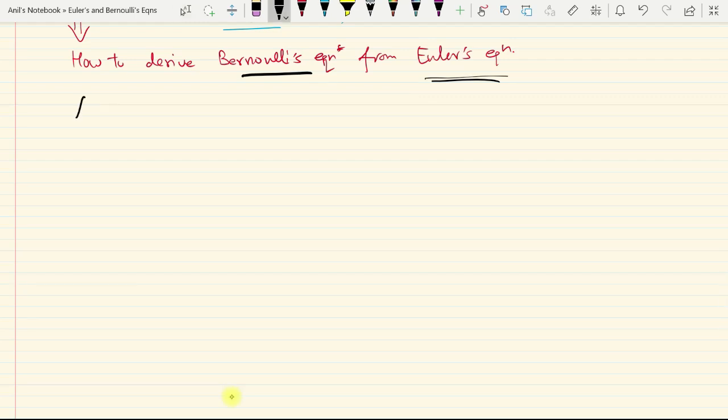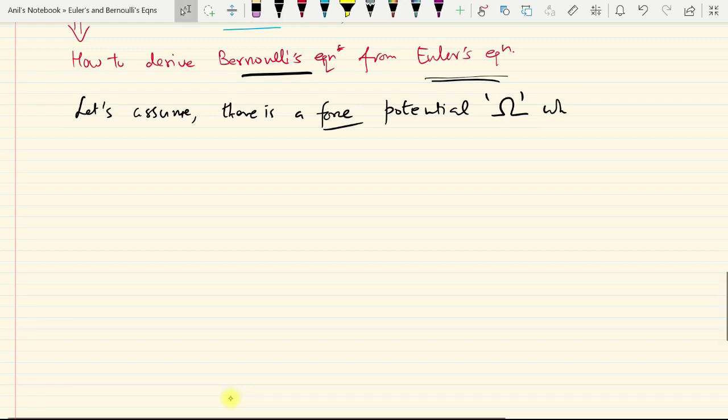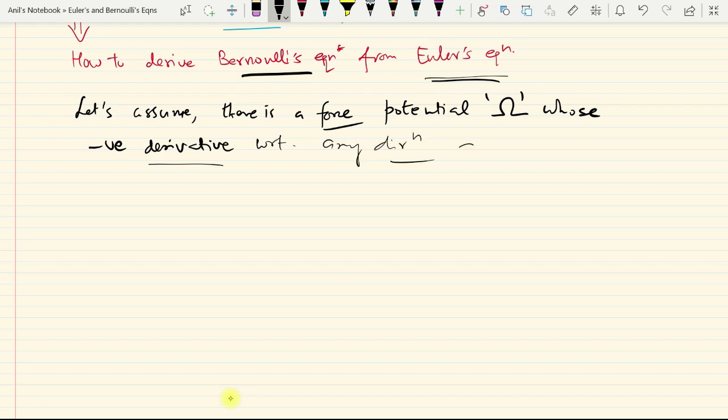So for that, let us assume that there is a force potential, which is omega, whose negative derivative with respect to any direction gives the body force in that direction.